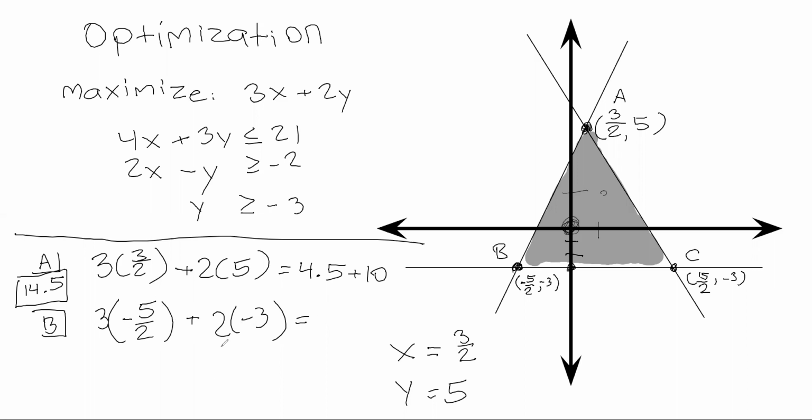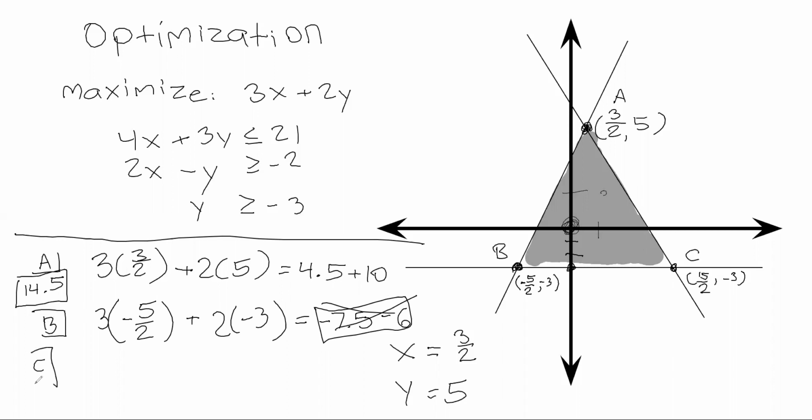Negative 15 over 2 is negative 7.5, so we have negative 7.5 minus 6. And then from here, we don't even really need to simplify this. We know we're trying to maximize. This is a negative number. Our last one is positive. So automatically, we know just between the 2 of these, this can't be the maximum.